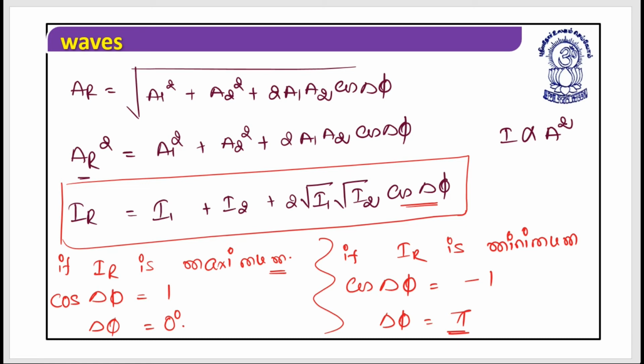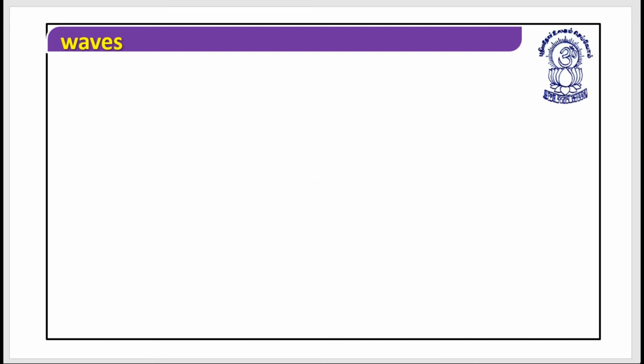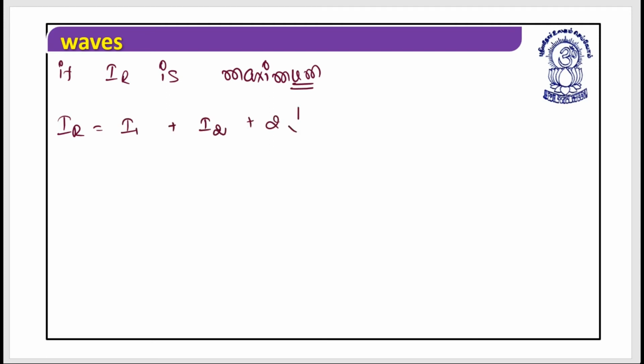Great. So to solve this, let's understand that if IR is maximum, IR equals I1 plus I2 plus 2 root of I1 root of I2, because cos delta phi equals 1 here.